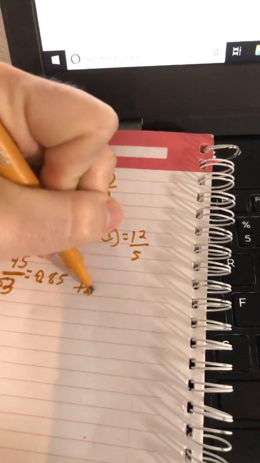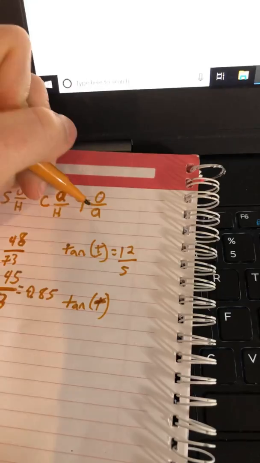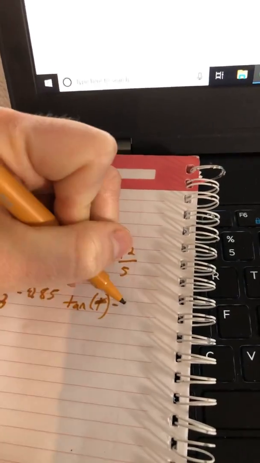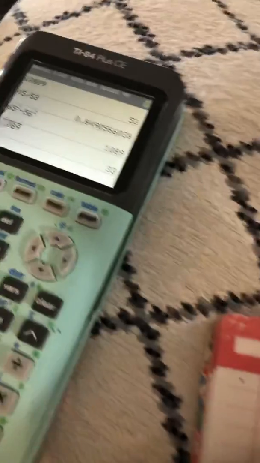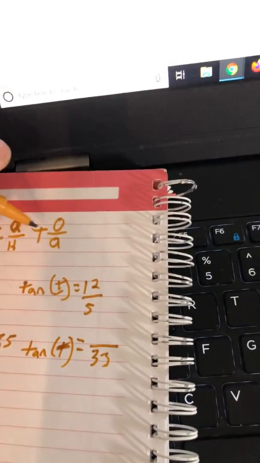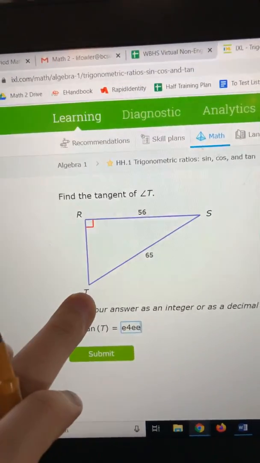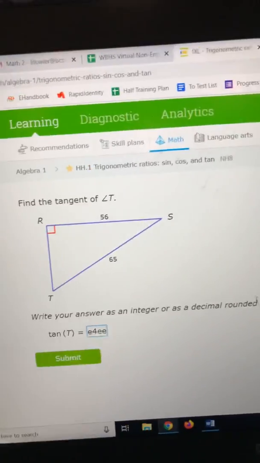So I want tan of T. Tan adjacent's on the bottom. So we said our adjacent is 33, so the bottom of our fraction will be 33. The top is going to be the opposite. So opposite of our angle is the side not touching this T, which is 56.